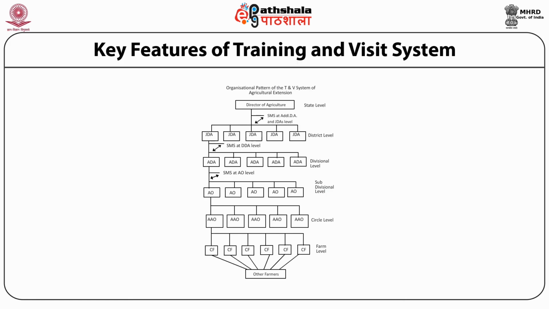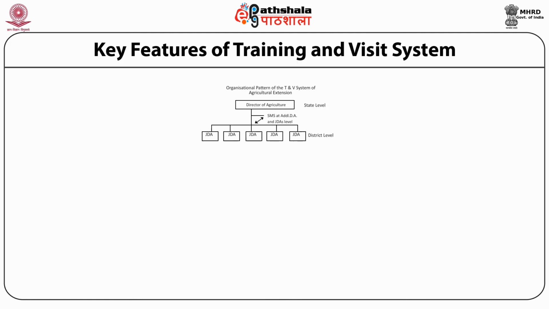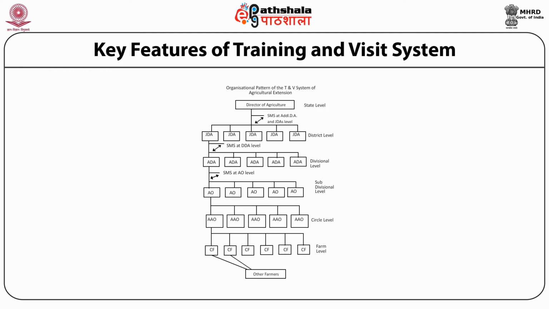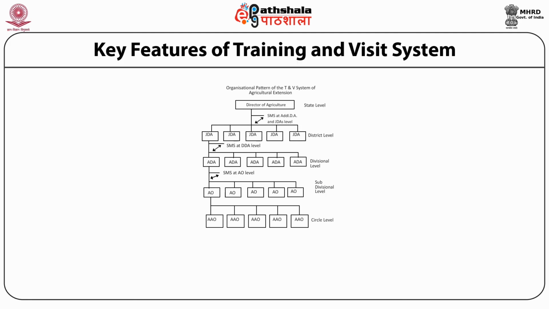He visits the field and gets feedback from VLWs, contact farmers, and the people down the lane. He acts as a link between the agricultural inputs and other support services, because in a particular district, the District Agriculture Officer is responsible not only for providing the services but also for ensuring the input and other information services.